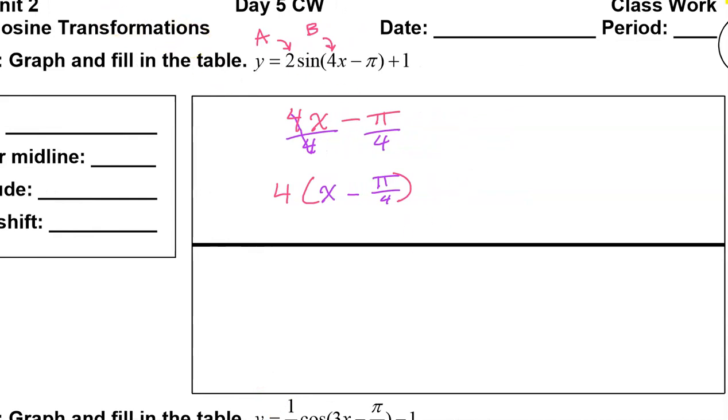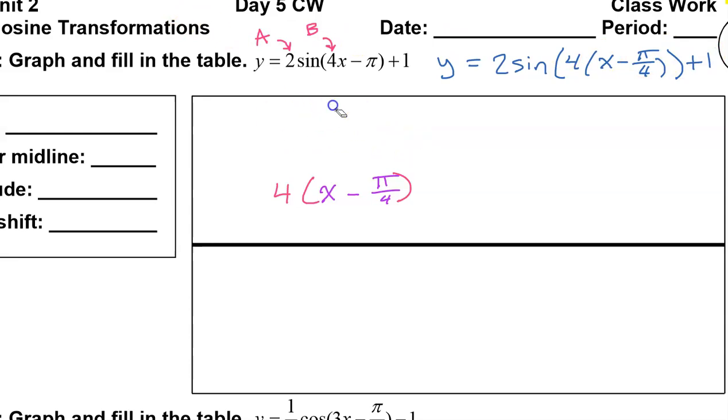So I'm going to rewrite the equation as y equals 2 sine, and now I'm going to have my 4 times x minus pi over 4, plus 1. So right away that allows me to see the phase shift, which is right here.